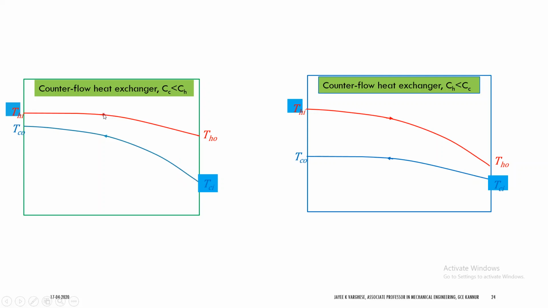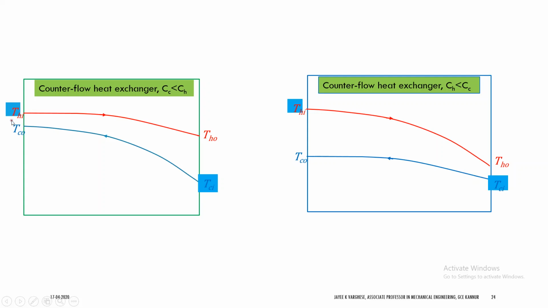We have a particular heat exchanger which has a fixed area or length, maybe 2 meter or 1.5 meter. What will happen if we increase the area or the length of the heat exchanger?